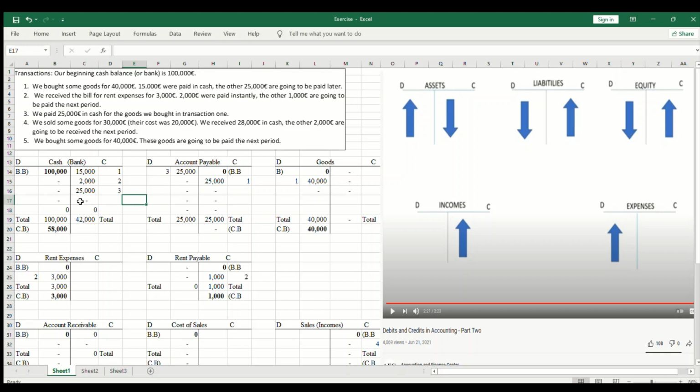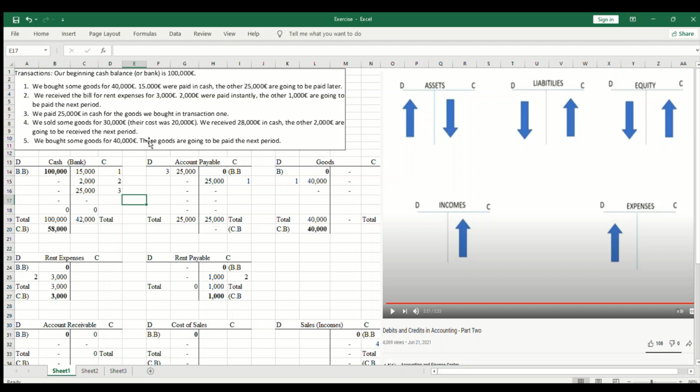Let's go on with transaction 4. In transaction 4, it says we sold some goods for 30,000 euros. Their cost was 20,000 euros. We received 28,000 euros in cash. The other 2,000 euros are going to be received the next period.